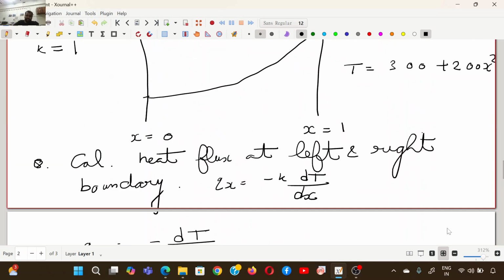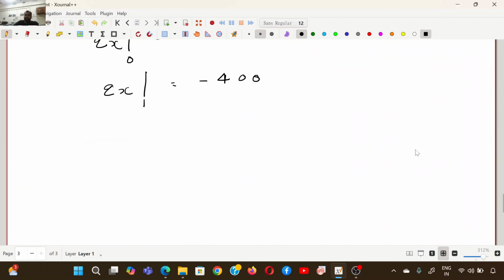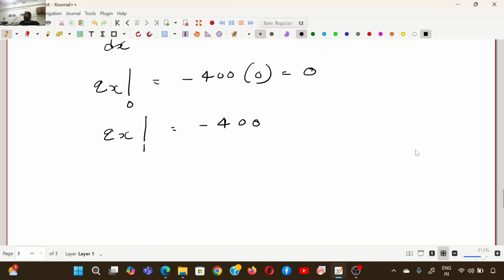But as you see, this is a very non-linear profile, 300 plus 200x square. There is a heat flux term on the left hand side but not on the right hand side, so it is not a very realistic case, right? Unless there is a source term in the middle.